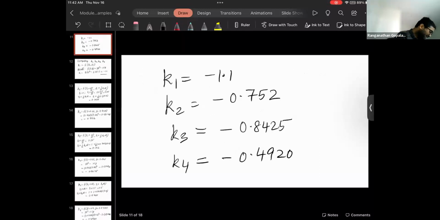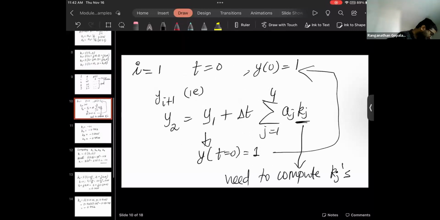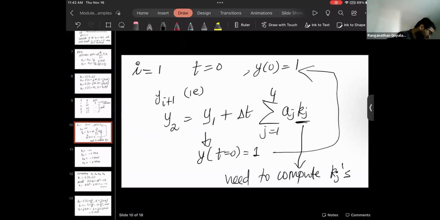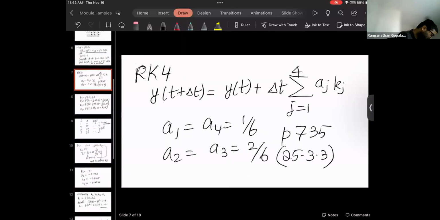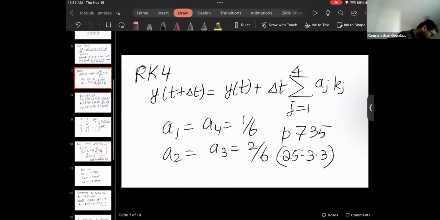Okay, so we have K1, K2, K3, K4. We also previously had the A values, remember? Let me just move this over here. So I have my RK4 method. Now I have my A values and K values computed.